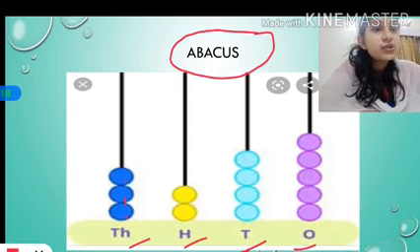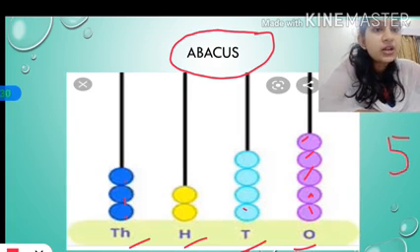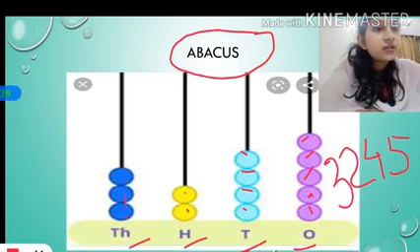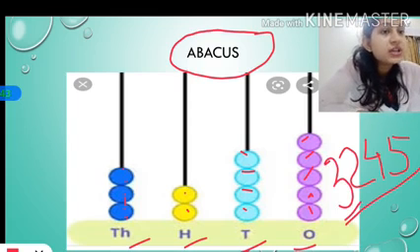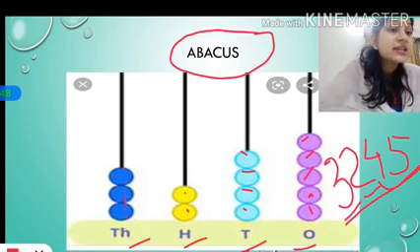Firstly we will do ones. How many? 1 2 3 4 5. So 5 ones. How many tens? 1 2 3 4. 4 tens are there. Then 200 and 1 2 3, 3000. So how are we going to read this number? 3245. Yes, this is the way to write down and read a number.